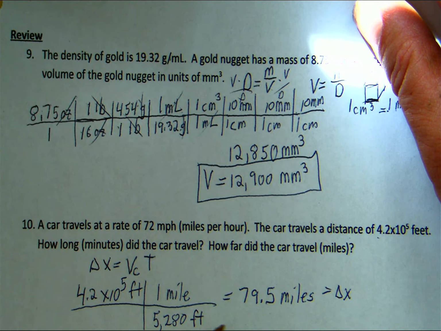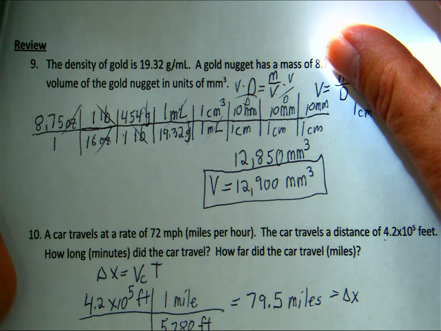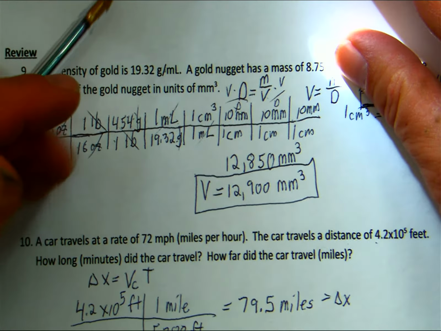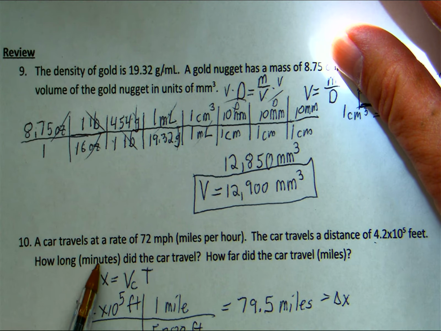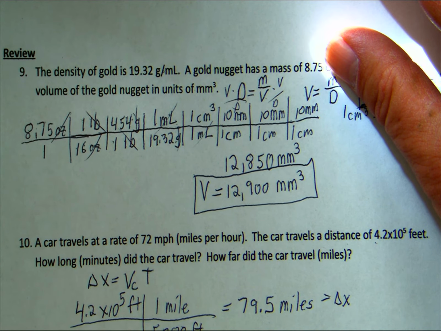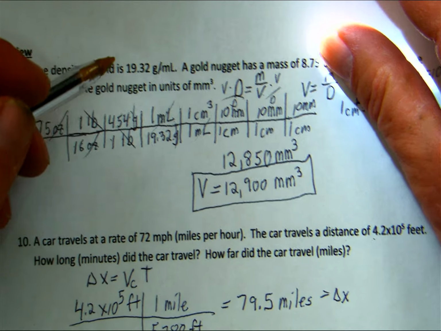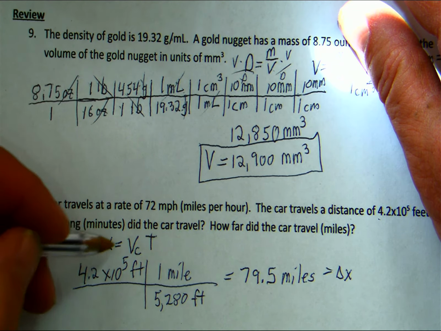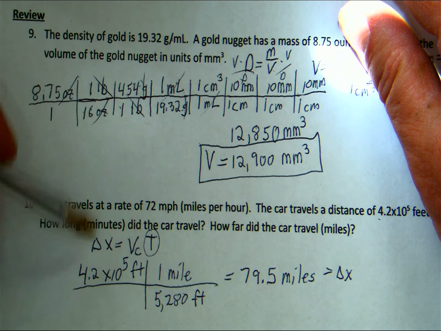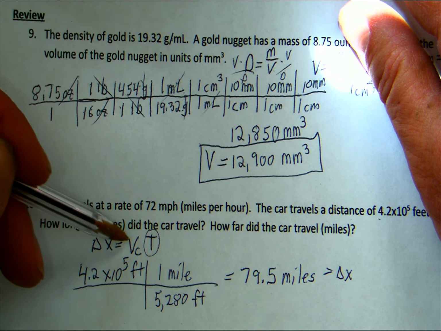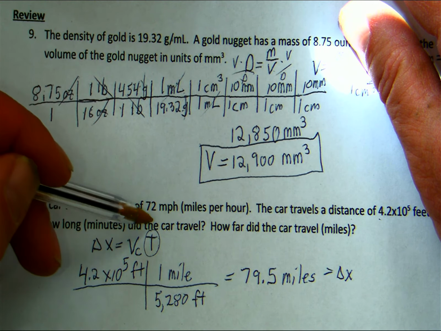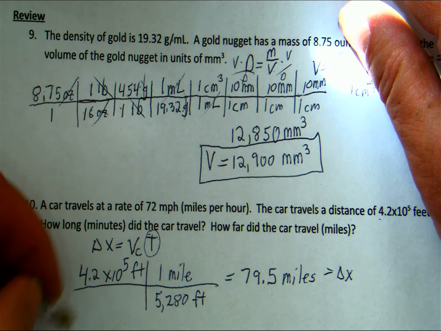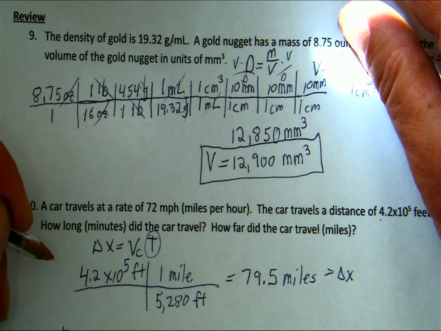And the speed is 72 miles per hour. So to solve for the number of minutes, we could first calculate the number of hours that it takes to travel that distance. If we take the distance and divide it by the speed, that will tell us how much time it took to travel that distance.